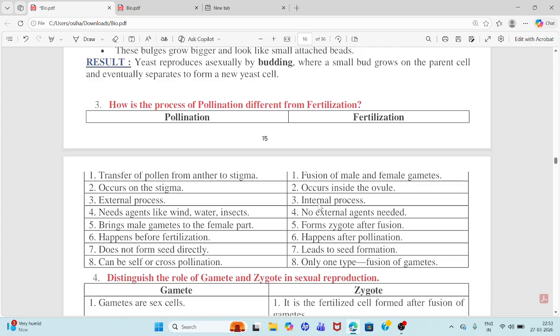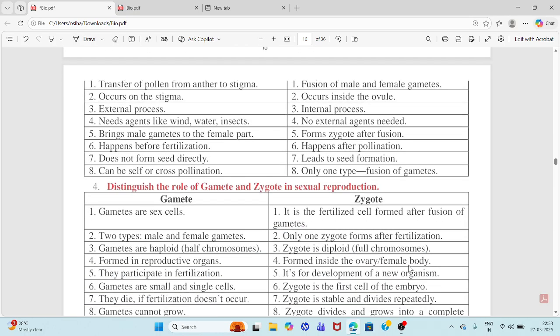Pollination is an external process, needs agents like wind, water, insects. Fertilization is internal, no external agents needed. Pollination brings male gametes to the female part. Fertilization forms a zygote after fusion. Pollination happens before fertilization. Fertilization happens after pollination. Pollination does not form seed directly. Fertilization leads to seed formation. Pollination can be self or cross pollination. Fertilization has only one type, fusion of gametes.